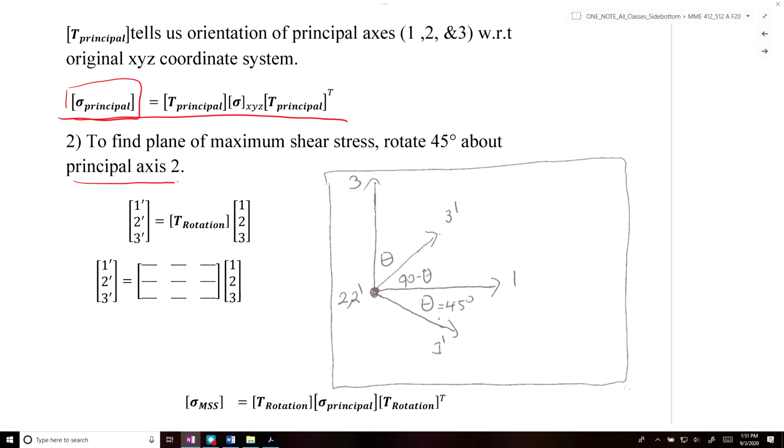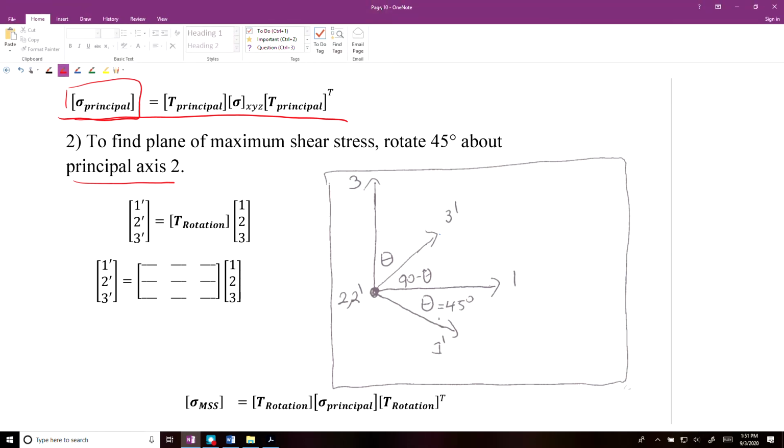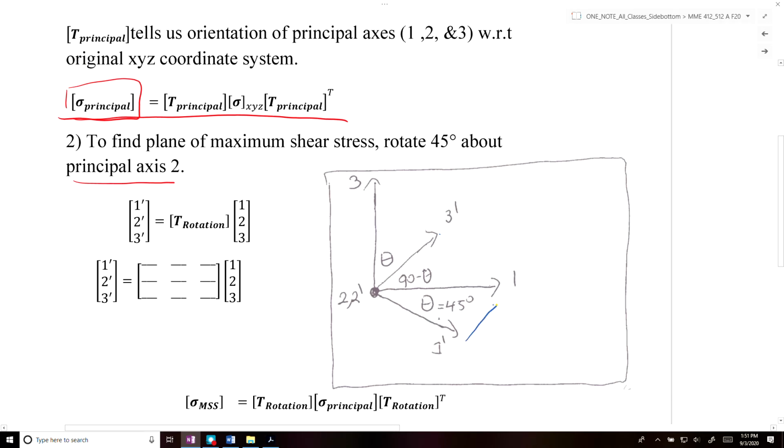To do this rotation, we need to find the projections of the 1' axis onto the principal axes. I apologize, I drew this arrow in the wrong direction. It should be going along this direction here.